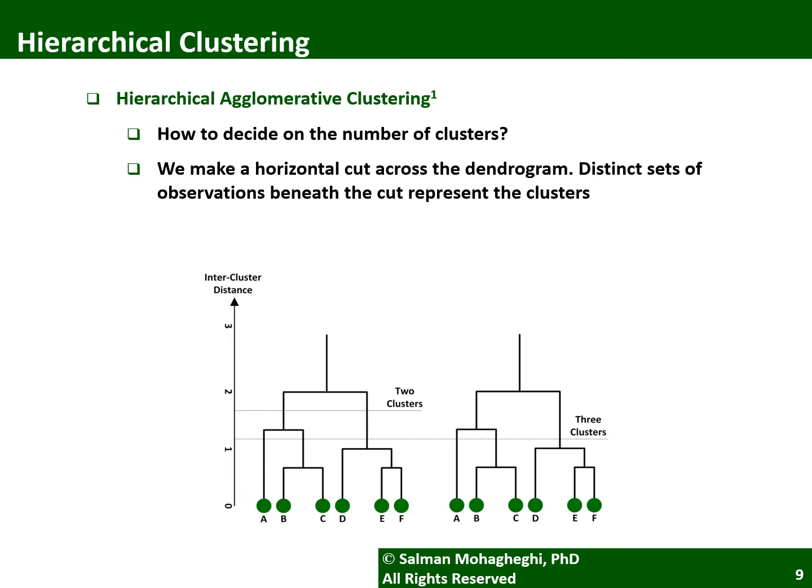For example, in this case, if I cut my dendrogram from here, it'll give me two clusters that would consist of these data points and these data points. Another example, if I cut my dendrogram from here, then I will have this cluster, and a cluster consisting of D, E, and F.